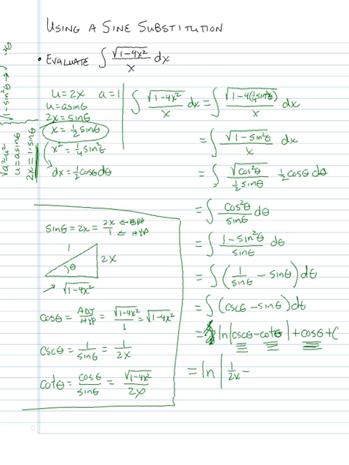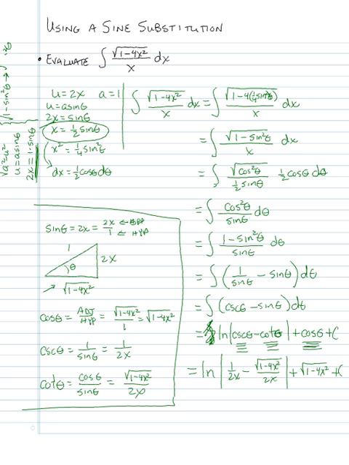Well, that's the fraction square root of 1 minus 4x squared divided by 2x. Close absolute value, plus the cosine of theta, which is the square root of 1 minus 4x squared. And then, of course, plus our constant of integration out here.